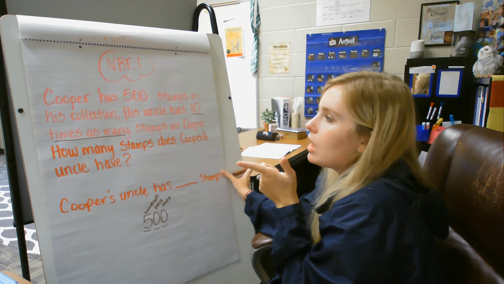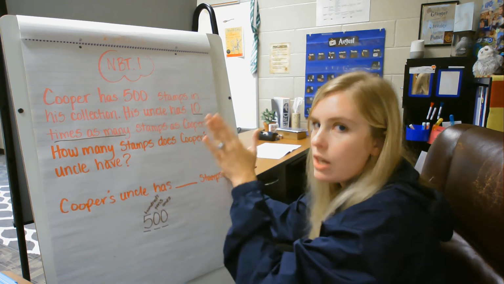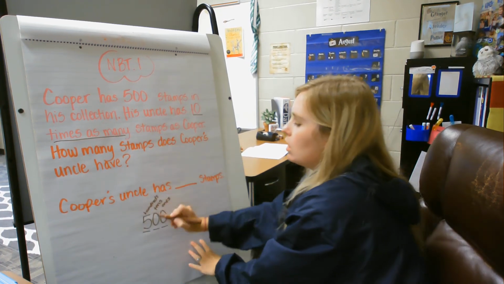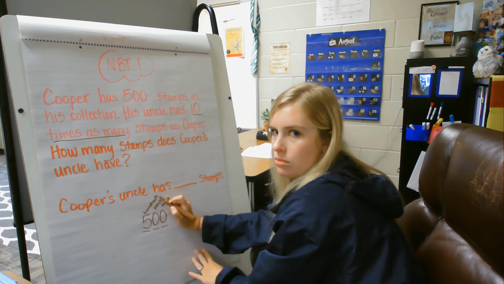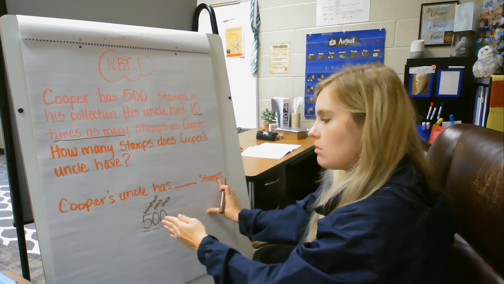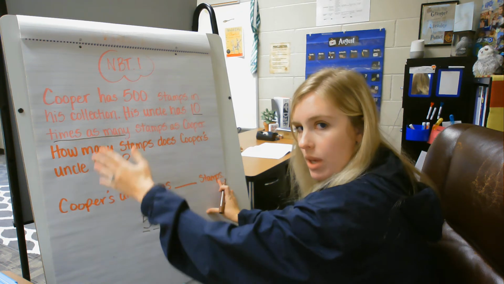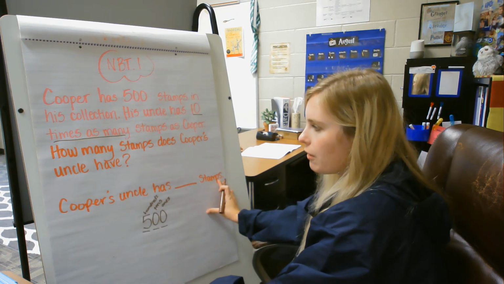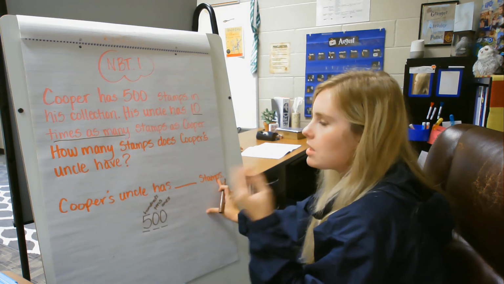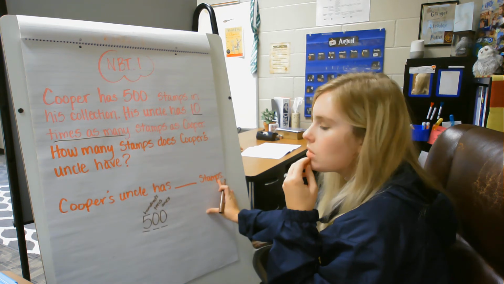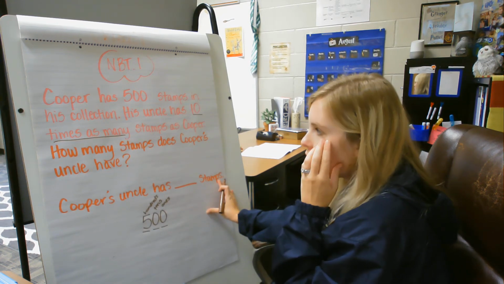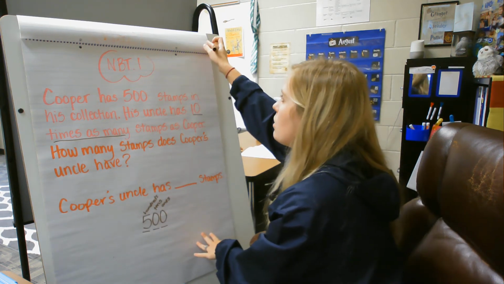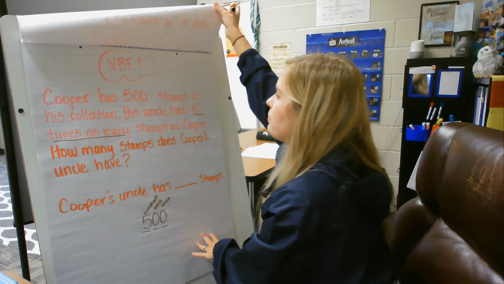If I want to go 10 times greater than 500, am I moving to this place value over here, or am I going backwards? Think about that for a second. He needs 10 times as many as Cooper. So am I thinking about our place value house? I can show you our place value house again here.